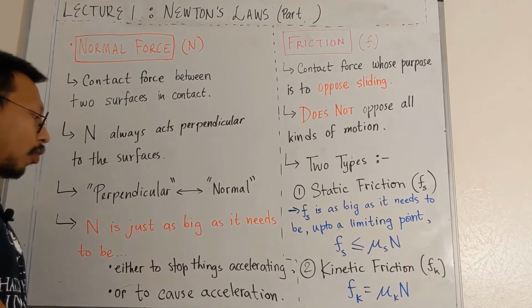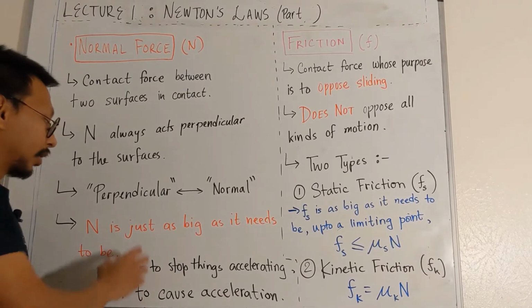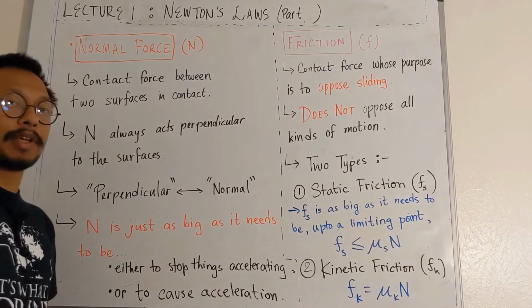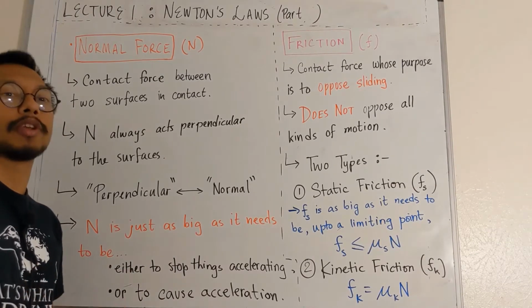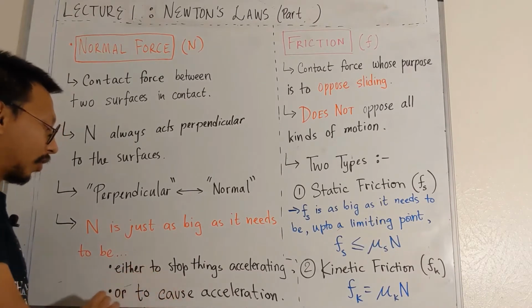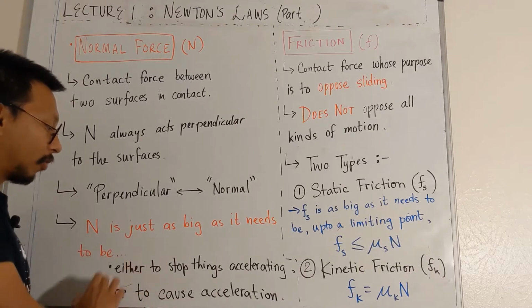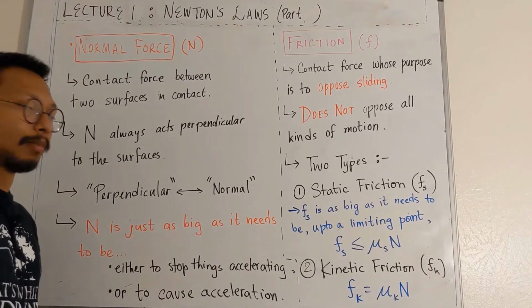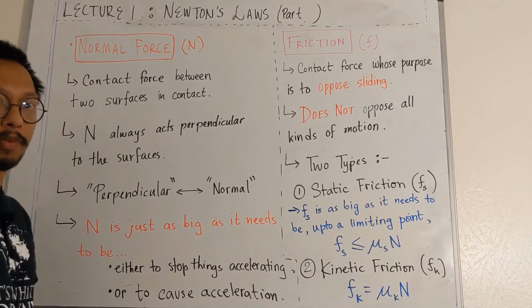Or it can also be that normal force is just as big as it needs to be to cause something to accelerate or to cause something to move. And we will see an example to examine both of these conditions so that it will be more clear then.